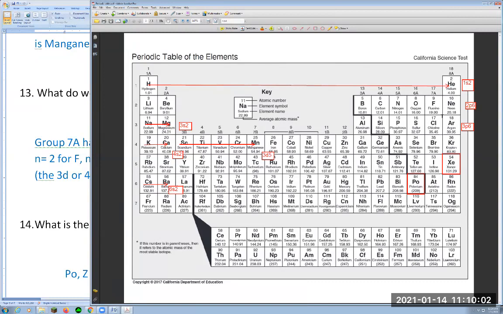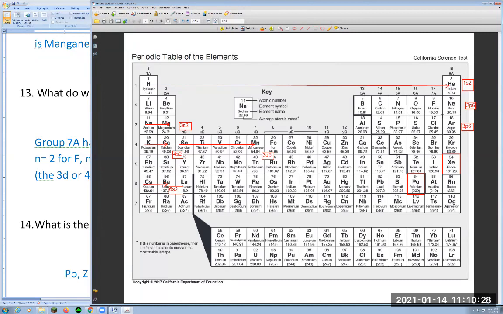Because we need to go all the way to polonium, we need to fill the f and then the d, and then we go into the p subshell because polonium is in the p block. So before we do the d, we need to do the f. And when you do the f, you use the period number minus 2. So 6 minus 2 is 4.